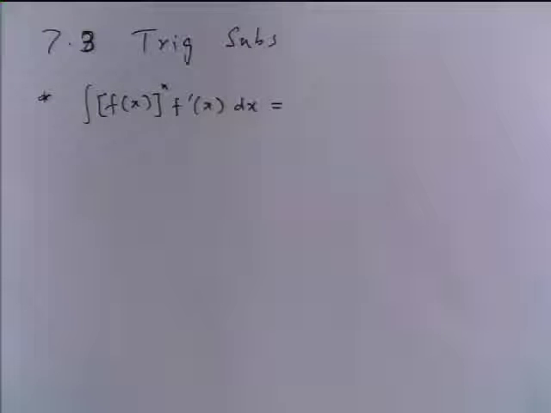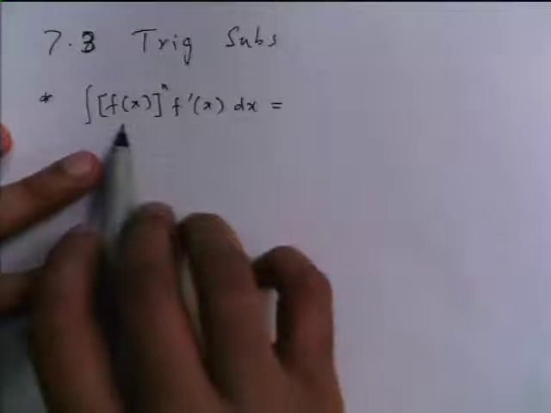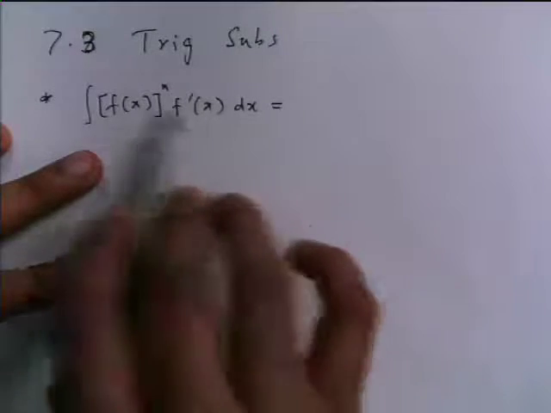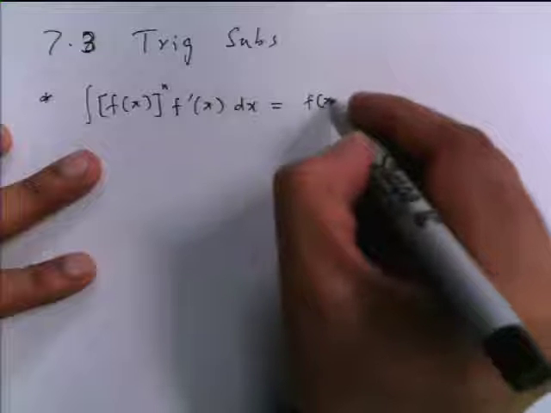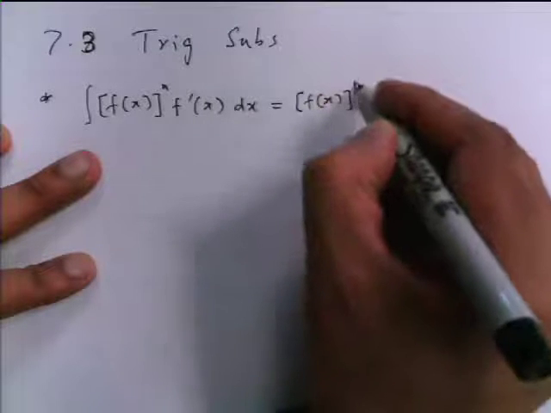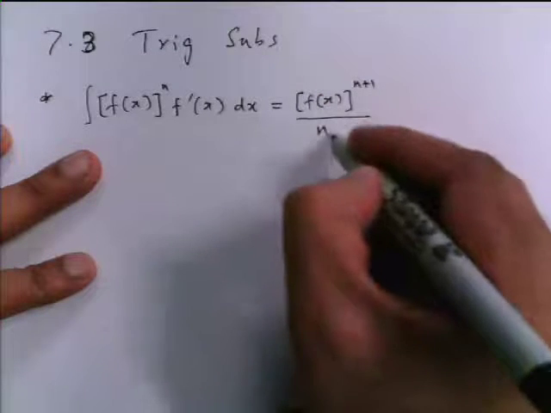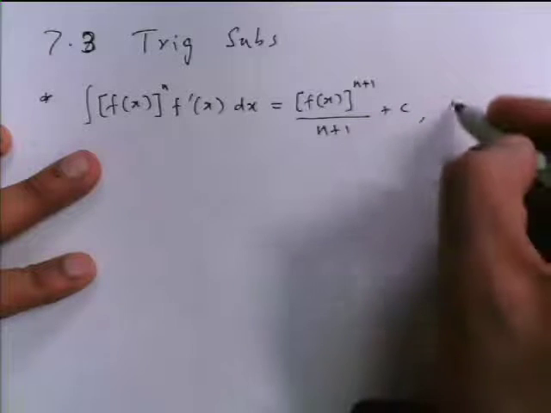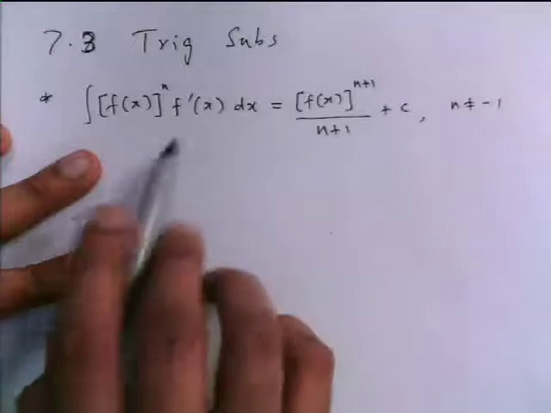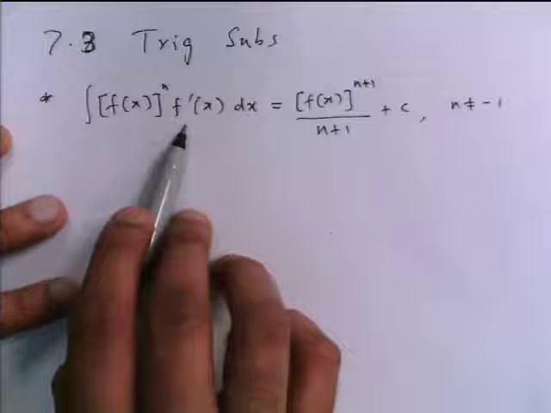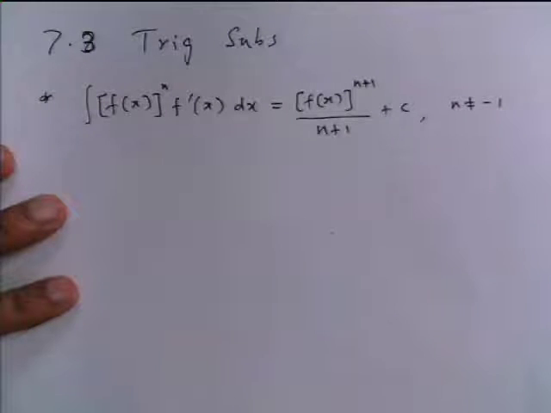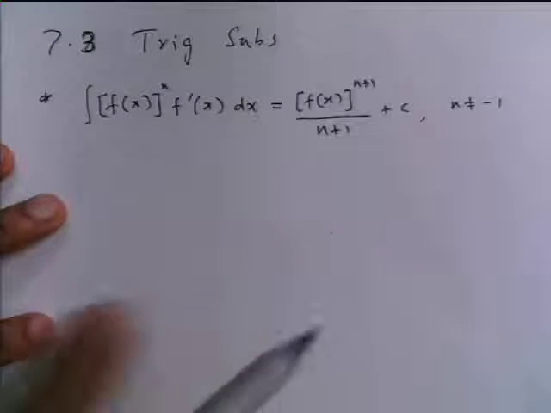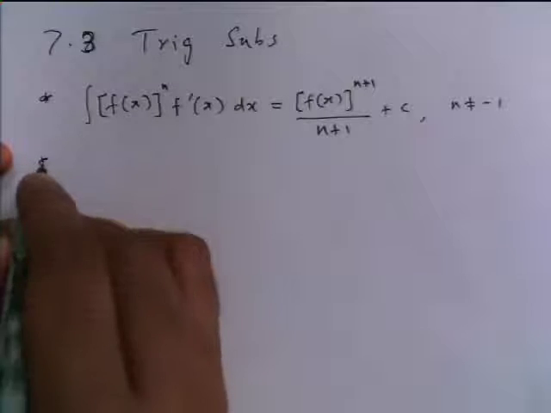You can write the answer right away: it is f(x)^(n+1) over n+1, plus c. But you have to have the exact derivative there. Whatever extra numbers you have, you write outside. We use this a lot. Last time we also used this in the last example.